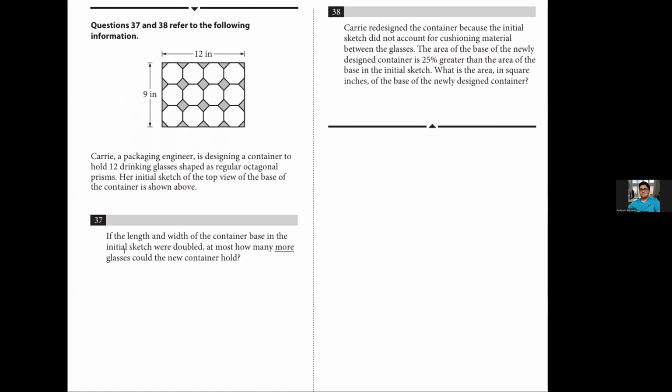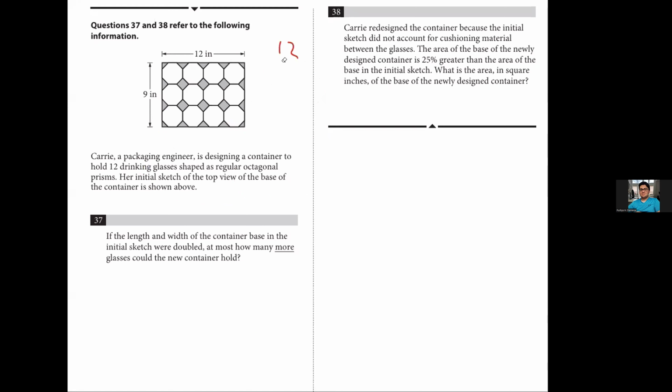Well, basically, if you doubled this from 9 to 18, and doubled this from 12 to 24, how many total octagons would you have? In this case, it would be 4 times more because this would get doubled and you'd have four of these. So this would be 12 inches, and this would also be 9 inches. So you have 4 times whatever this original value is.